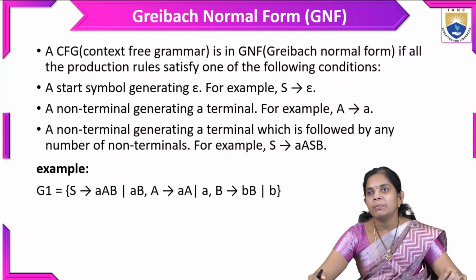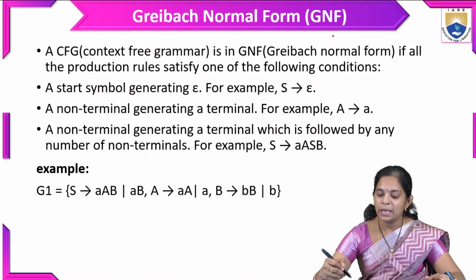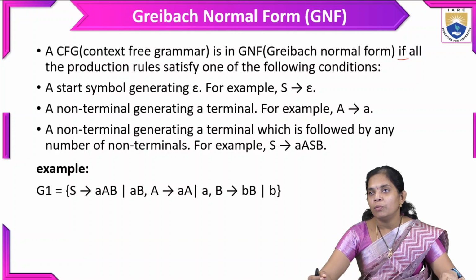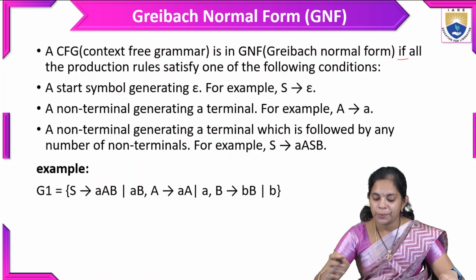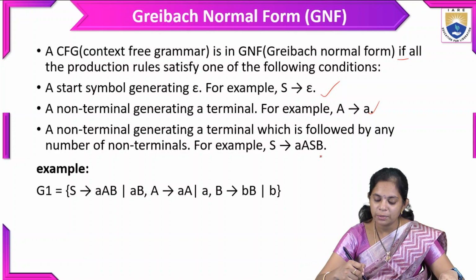So what is meant by Greibach normal form? Greibach normal form: a context-free grammar is in GNF if all the production rules satisfy one of the following conditions. So the start symbol generating epsilon is also accepted, and a single terminal value is also accepted.